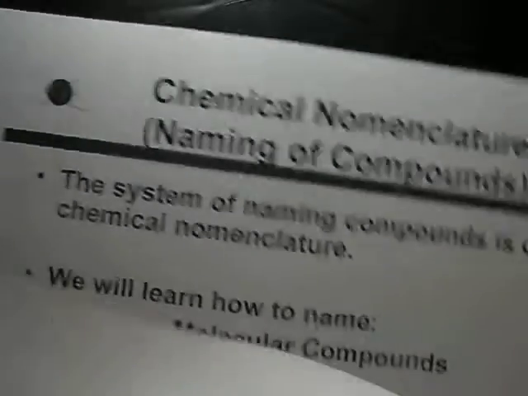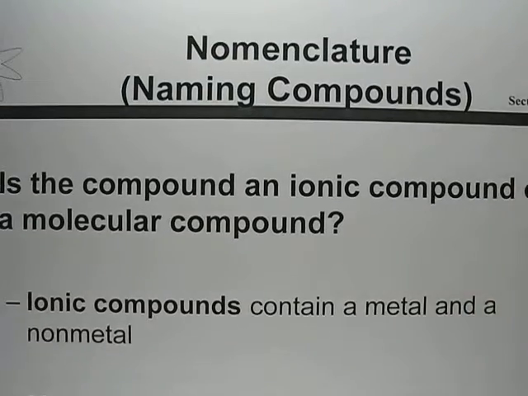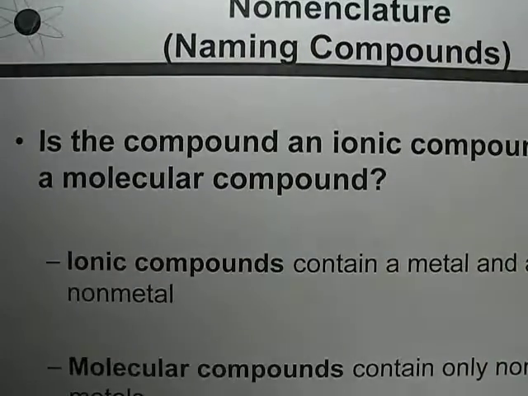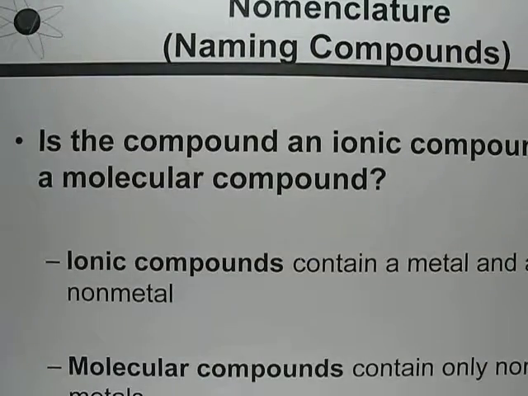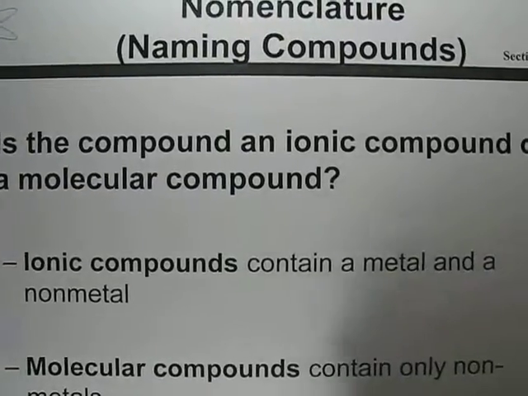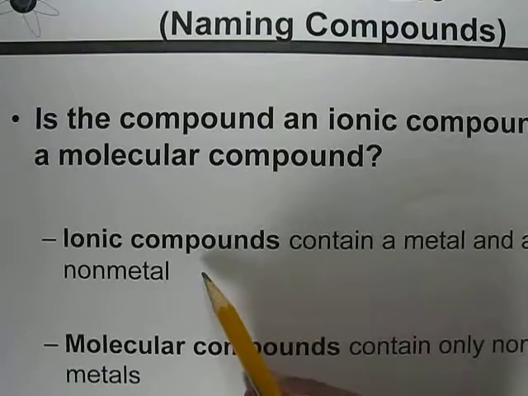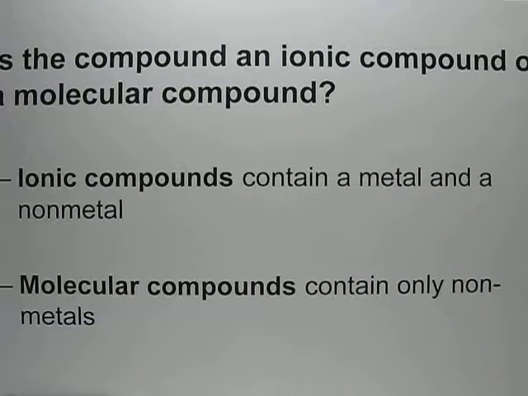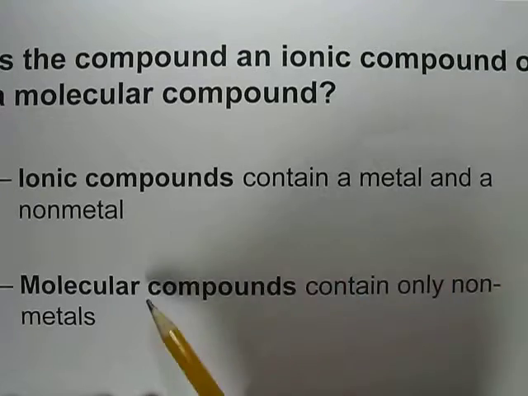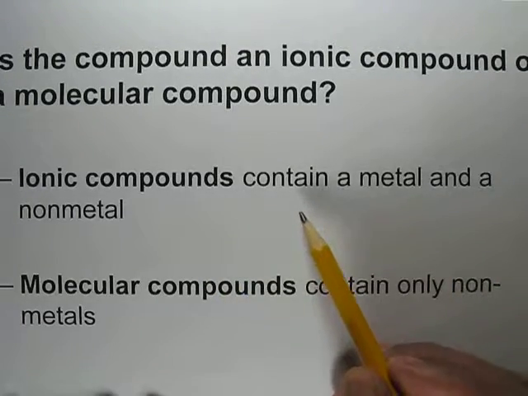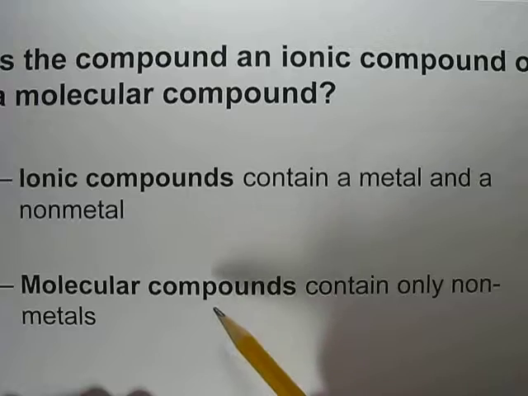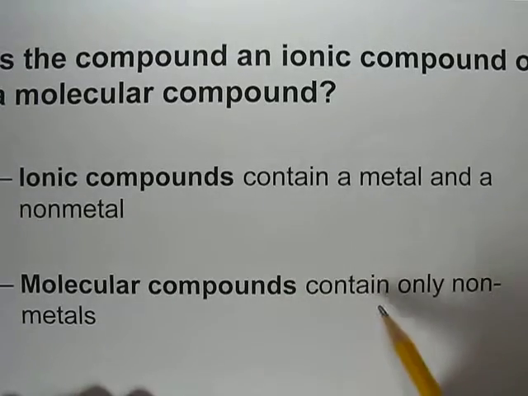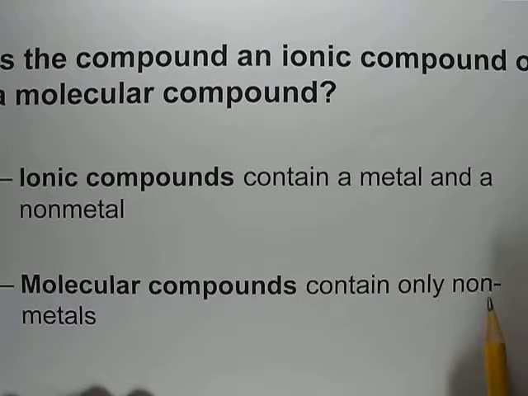So let's see. The nomenclature for a binary compound: first we have to find out if the compound is an ionic compound or a molecular compound. How will we find out? An ionic compound contains a metal and a non-metal, and this is the difference between ionic and molecular compounds. A molecular compound has only non-metals.